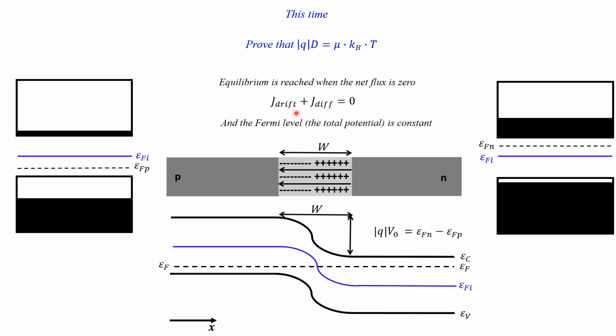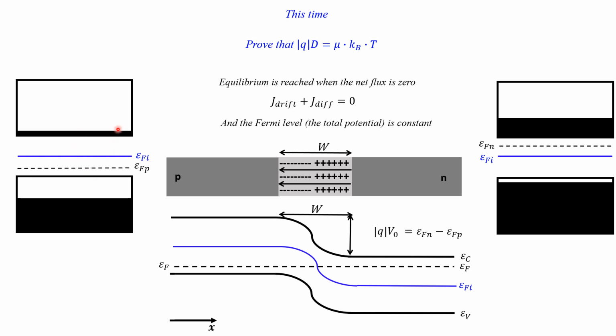And we also need, in future lectures, to define a reference parameter, which is the Fermi level of an intrinsic semiconductor. So we are not dealing with intrinsic semiconductors, but we can still speak of the Fermi level of an intrinsic semiconductor as just a reference value that lies in the middle of the band gap.